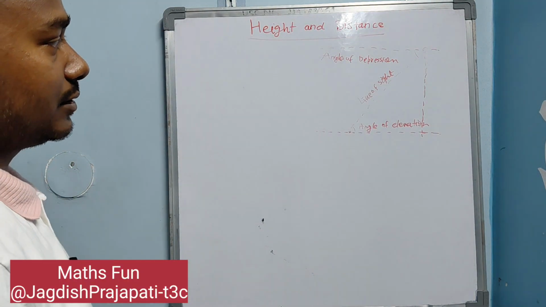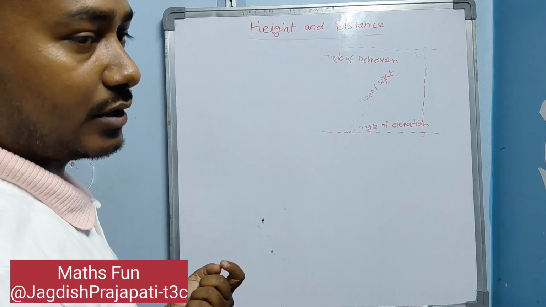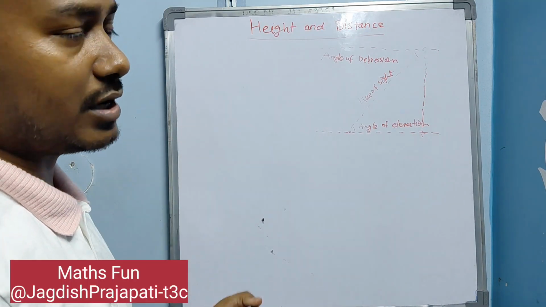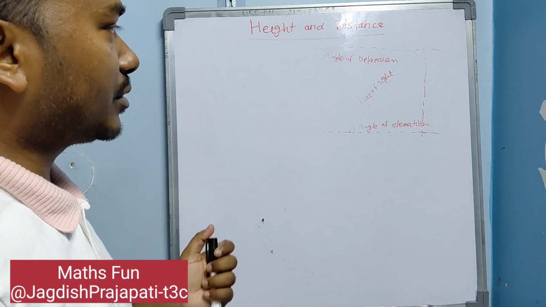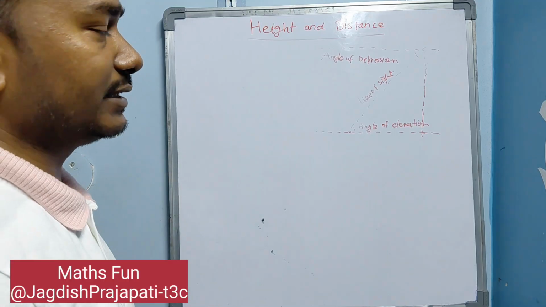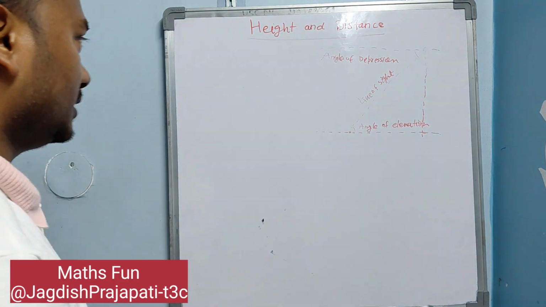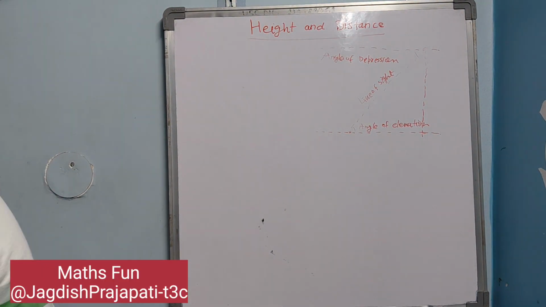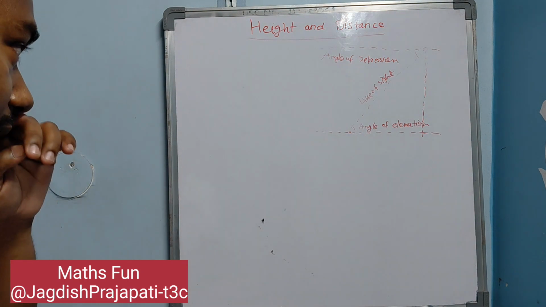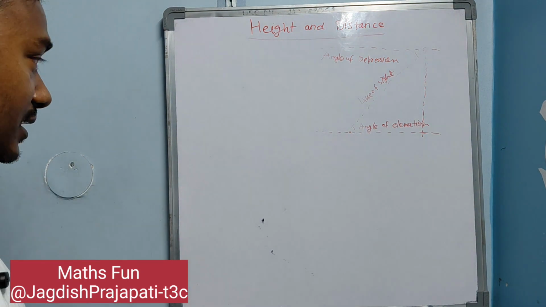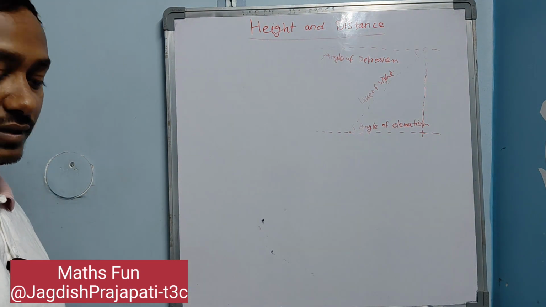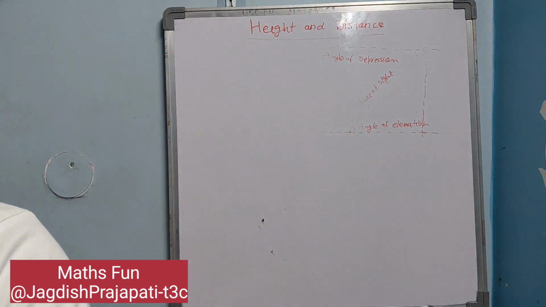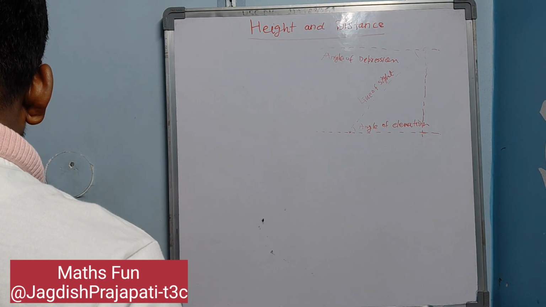So now we will see the application of trigonometric ratios in order to solve some problems based on height and distance. Here I am referring to the book by Dr. R.D. Sharma. I am going to solve the problems prepared by him for you.